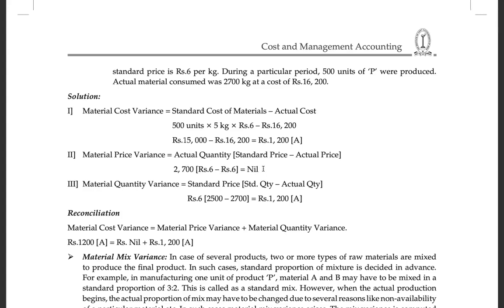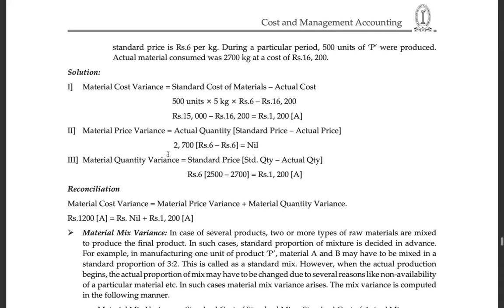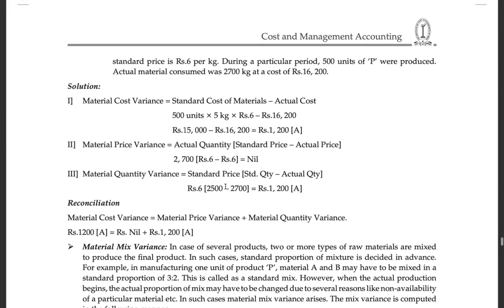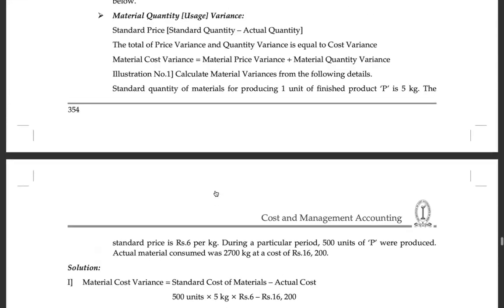It is 0. Then coming to material quantity variance: standard price into standard quantity minus actual quantity. Standard quantity was 2,500, that is 500 units into 5 kilograms, the standard quantity of material for producing 1 unit.